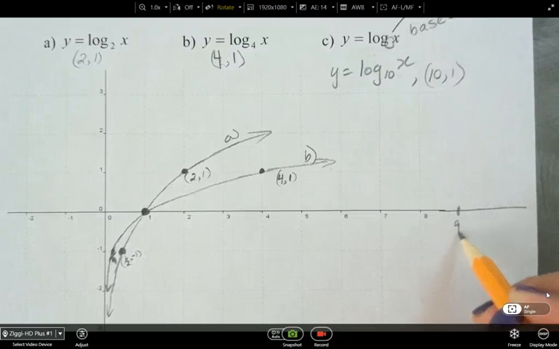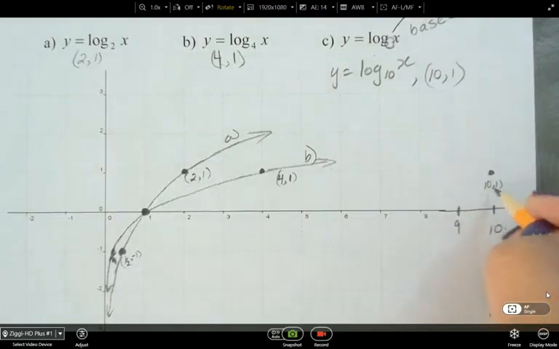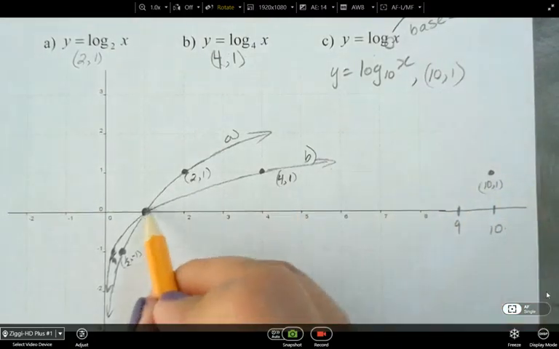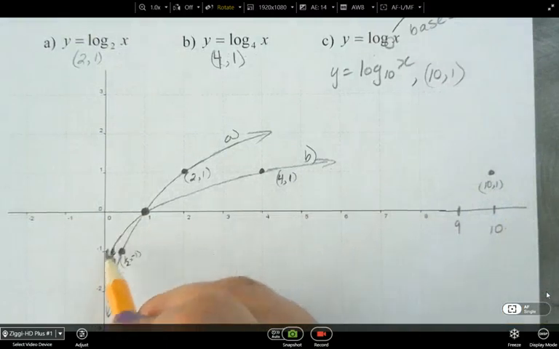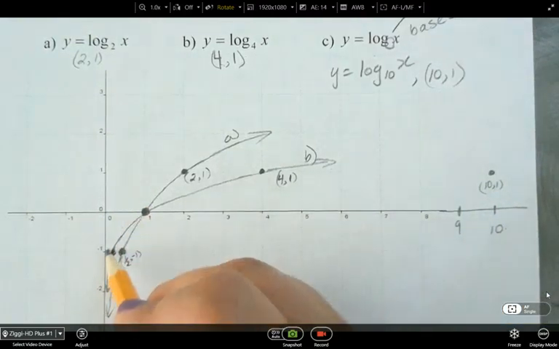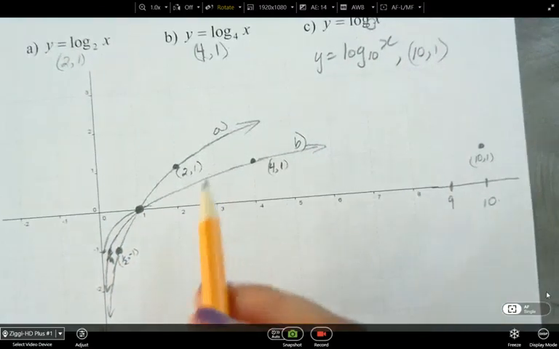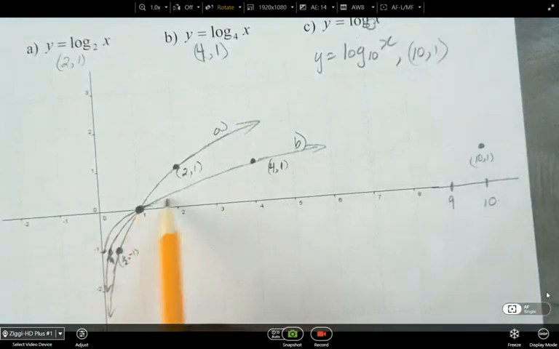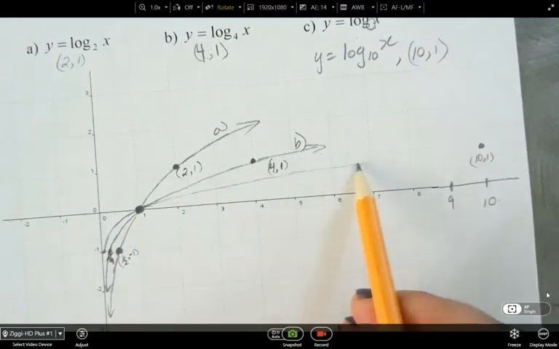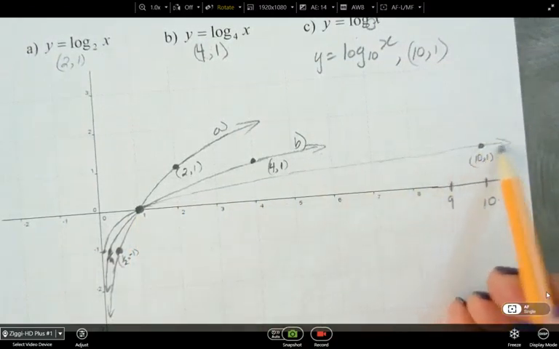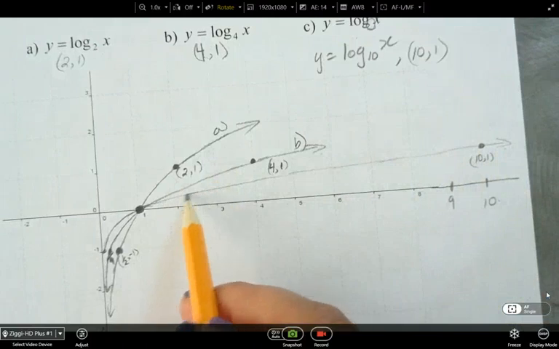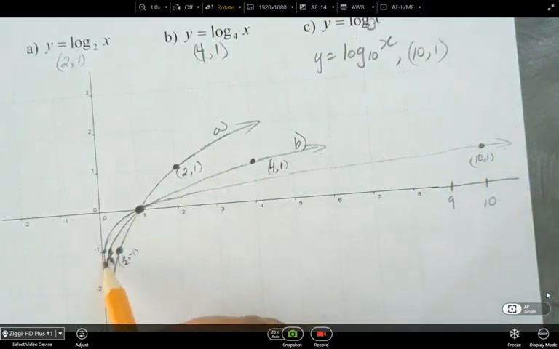So 9 is here, 10 is here, so that's going to be at 10, 1. And this gets super close at like 0.1, and it goes again through my 1, 0. And then it's almost going to look like a straight line, but not quite. And then it's going to come down here.